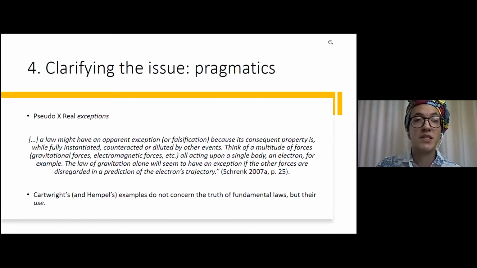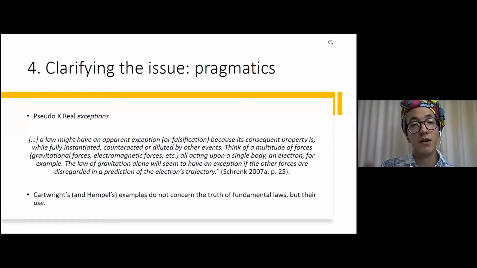It is not a real exception because it is a case covered by the ceteris paribus condition. A real exception is a case where you have the law, the conditions are satisfied, and the consequent does not hold. That is a real exception to a law.